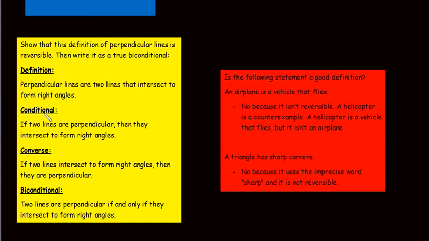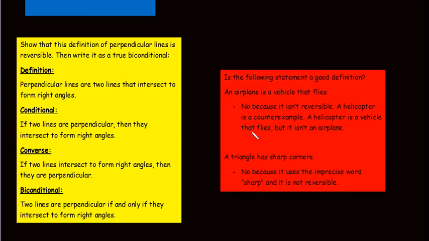So the conditional statement would be: if two lines are perpendicular, then they intersect to form right angles. The converse of that is: if two lines intersect to form right angles, then they are perpendicular. And then the biconditional: two lines are perpendicular if and only if they intersect to form right angles.